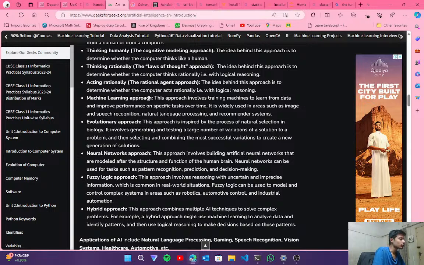Machine learning approach. This approach involves training a machine to learn from data and improve performance on a specific task over time, which is widely used in areas such as image and speech recognition, natural language processing, and recommendation systems.